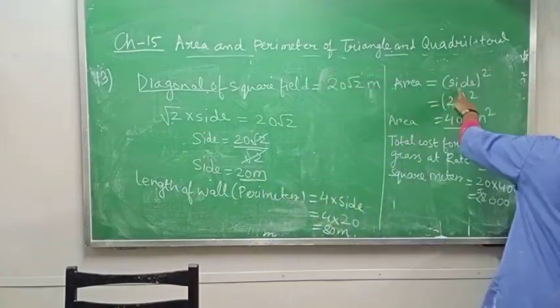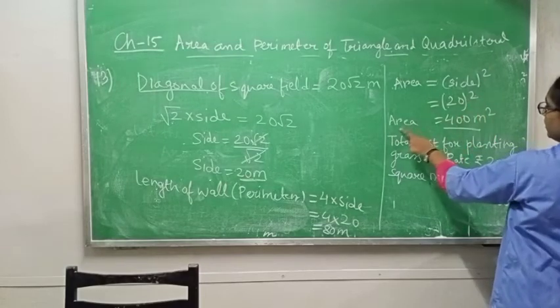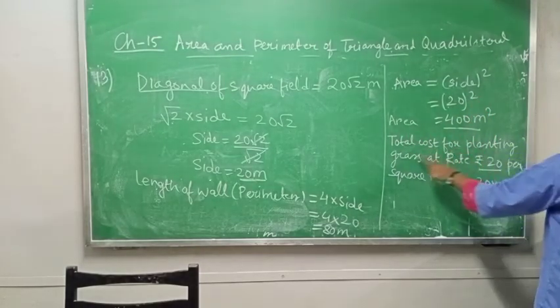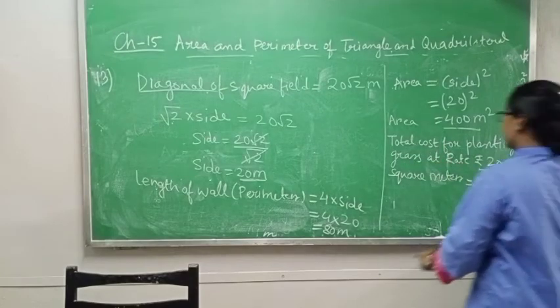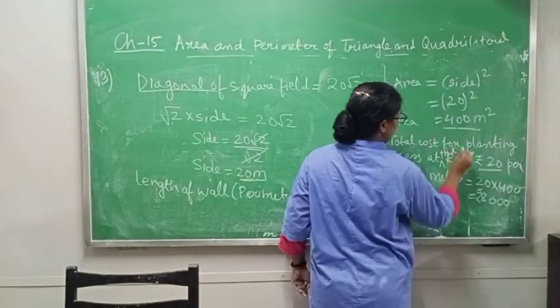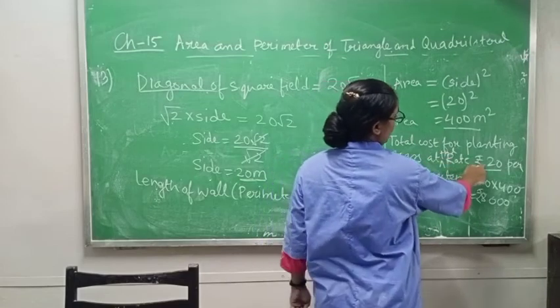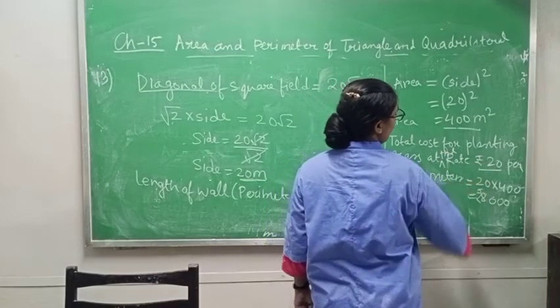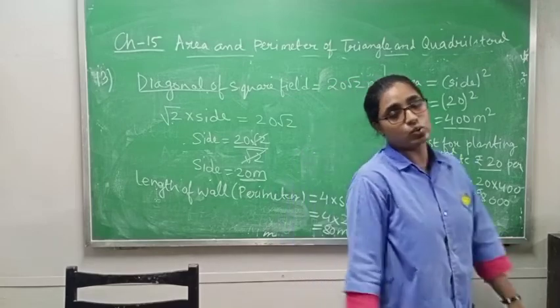So area equals to side square means 20 square. So 20 square will give you 400. So total cost for planting grass at the rate, okay, rupees 20 per square meter, 20 into 400, 8,000.